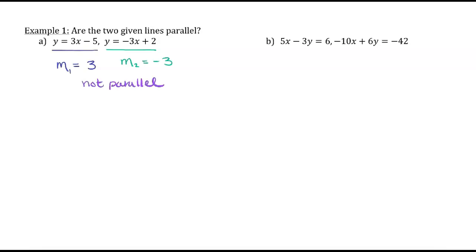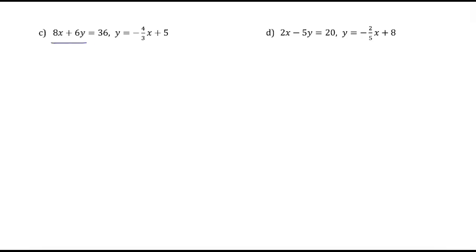Let's look at part C. Our first line in part C is 8x plus 6y equals 36. To easily find this slope, let's solve the equation for y. We can subtract 8x from both sides to have 6y equals negative 8x plus 36.